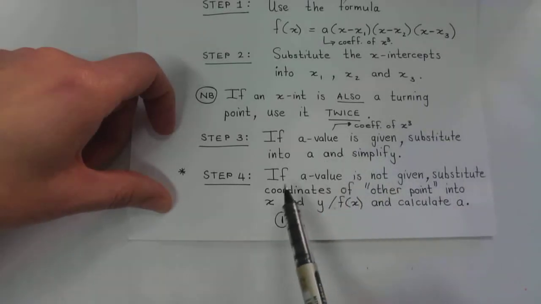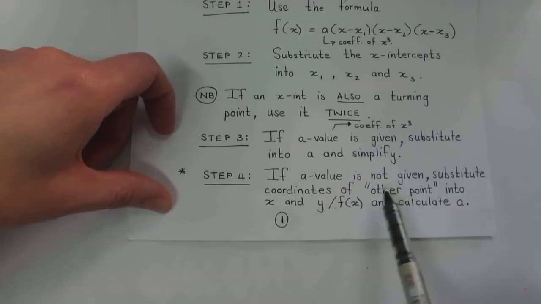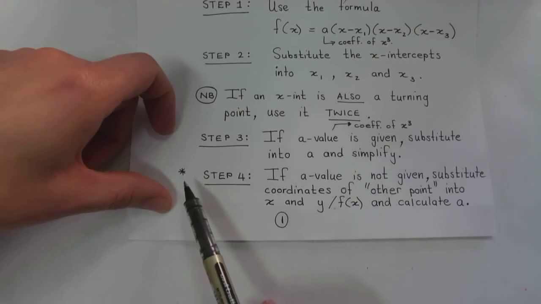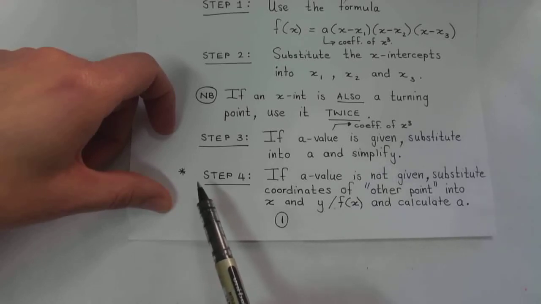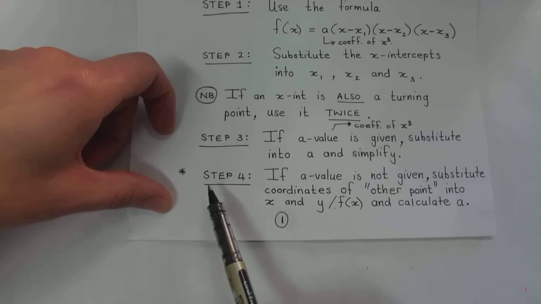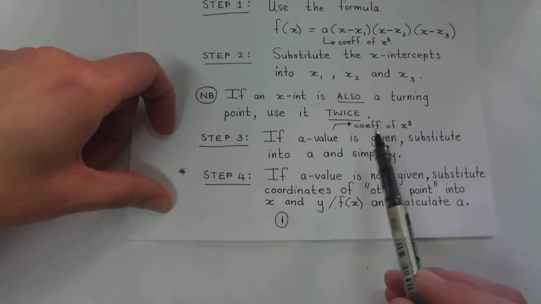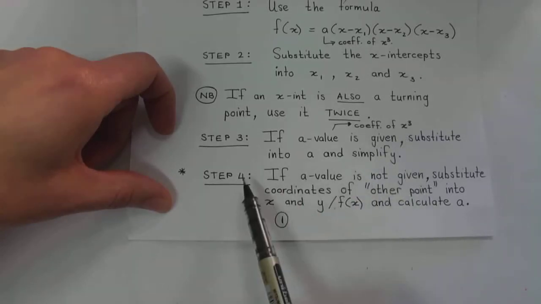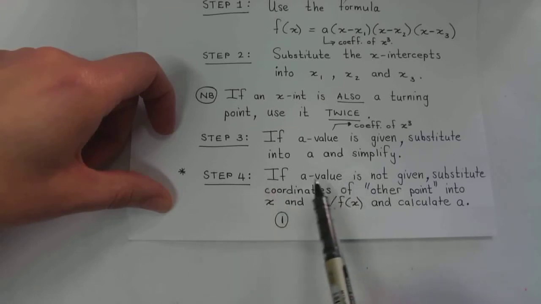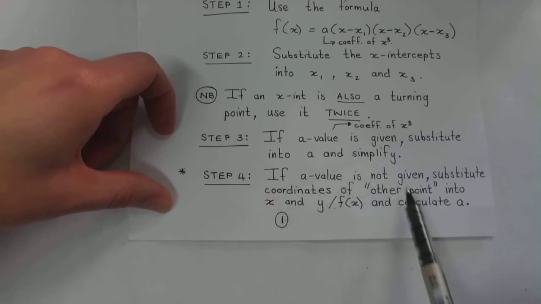Then, if an a value is not given, and I put an asterisk on this because it rarely ever happens, I would say in 9 out of every 10 cases they actually give you the coefficient of x cubed, so you don't have to worry about this. But just in case, if an a value is not given, they will give you another point on the graph, and that other point will not be an x-intercept.